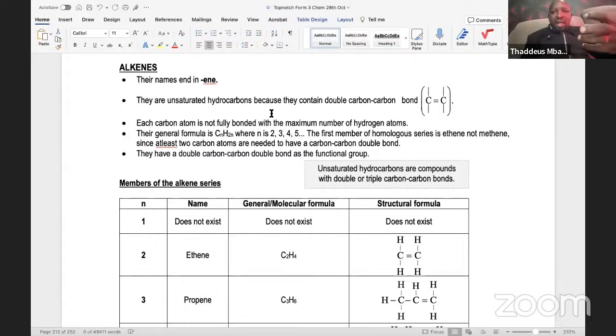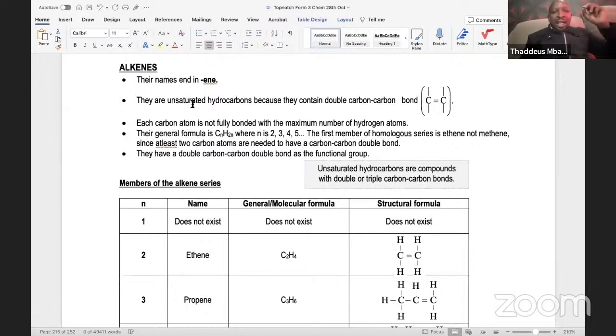I'm just navigating through the introductory part of the topic of alkenes, to make sure that those students who may not have handled this, or might have forgotten, understand where we are coming from. The names of alkenes end with "ene" because they contain a double carbon-carbon bond, and of course they are unsaturated.